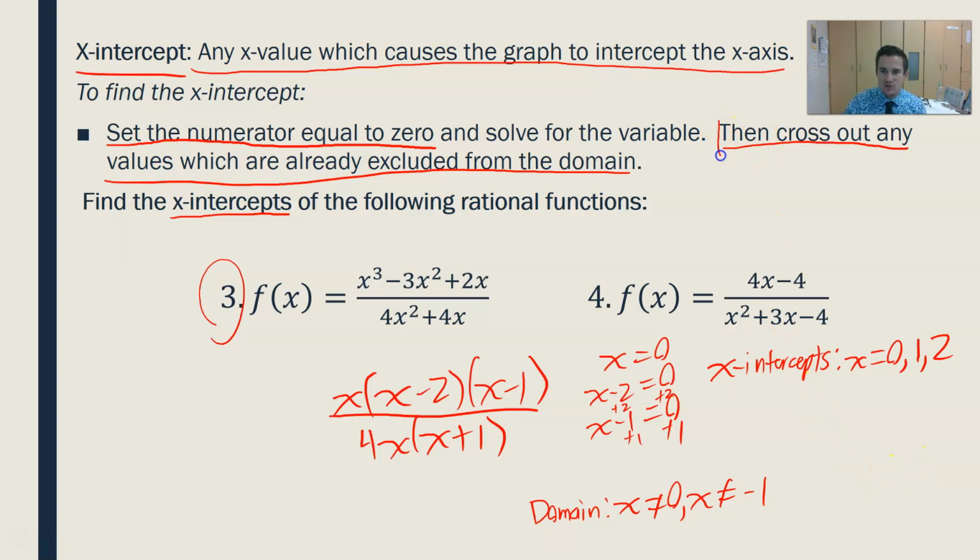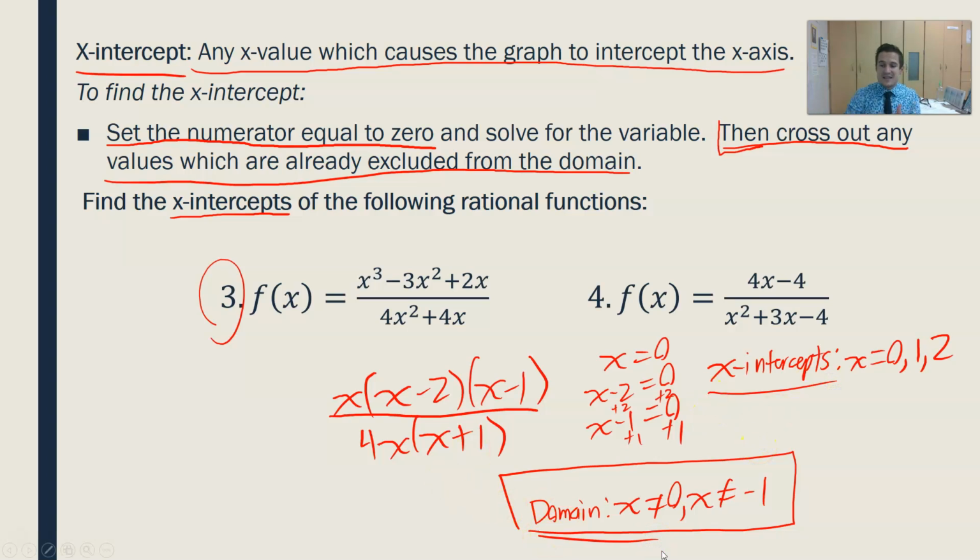The last part of the instructions here is I need to cross out any values that are already excluded from the domain. So any values that were not in my domain, or any excluded values, cannot also be x-intercepts. We talked about this in Unit 5. If I have a solution or an x-intercept that is also an excluded value, or not in the domain, it doesn't work.